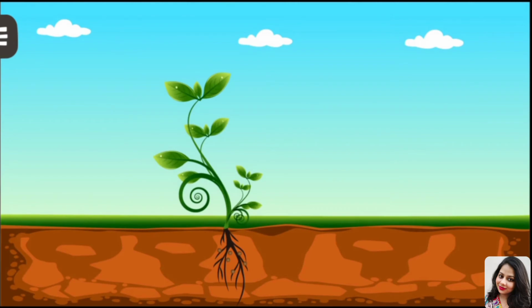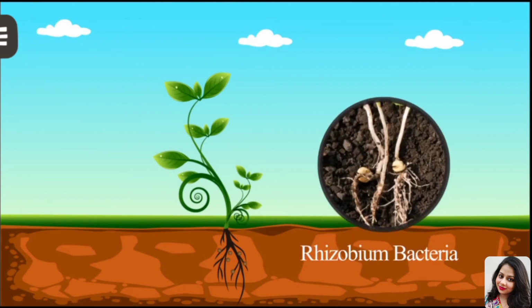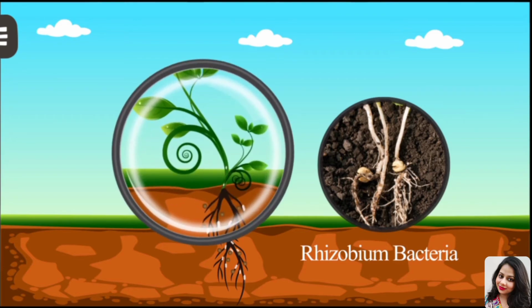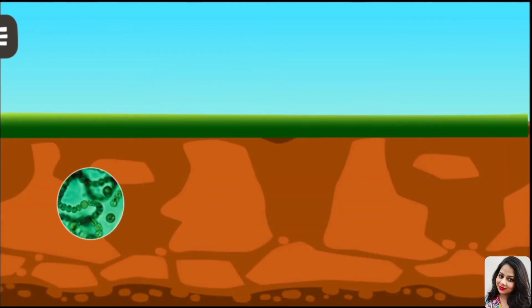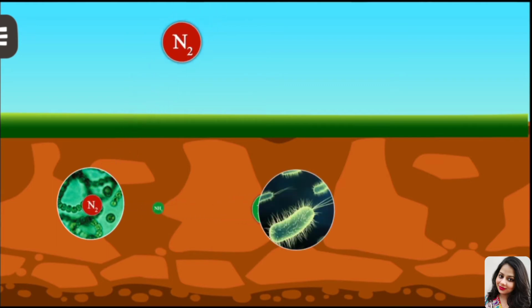On the other hand, rhizobium bacteria present in the roots of plants convert nitrogen into ammonia, which is then used by plants. The blue-green algae present in soil also convert nitrogen gas into ammonia.